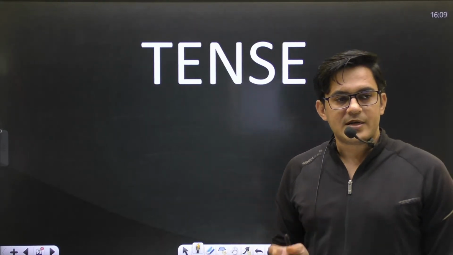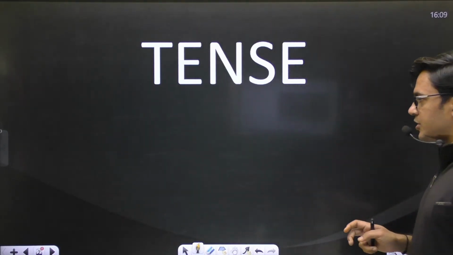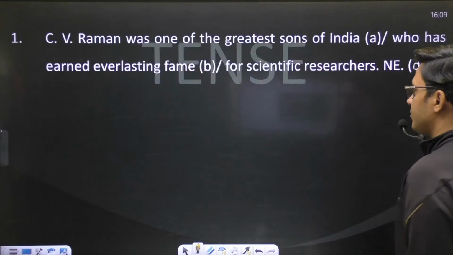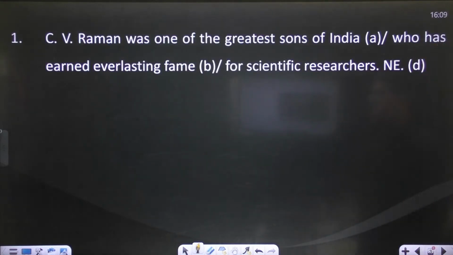So let us move to our session. The first sentence is: CV Raman was one of the greatest sons of India who has earned everlasting fame for scientific researchers. Tell me which part has an error.